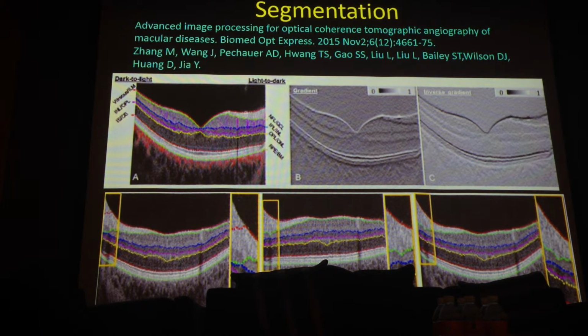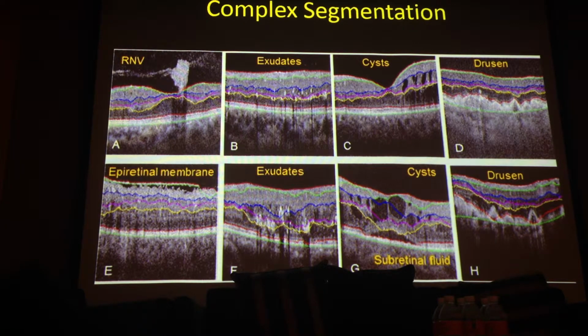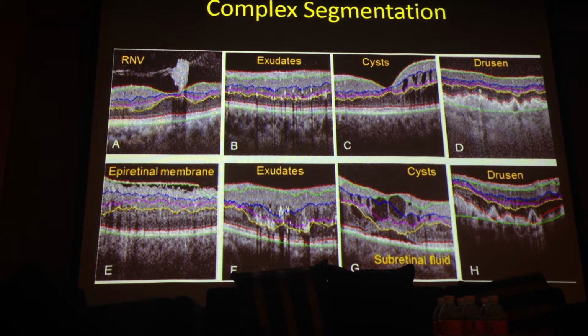So this will probably be the future of the new machines and the new software in order to avoid some problems like this. They have published this work in many situations, and you can see how difficult it is to get segmentation in these different layers when you do not have a very flat plane. Many machines show you a very high level of segmentation when the different planes of the layer are flat.